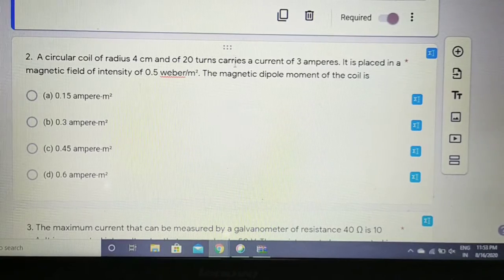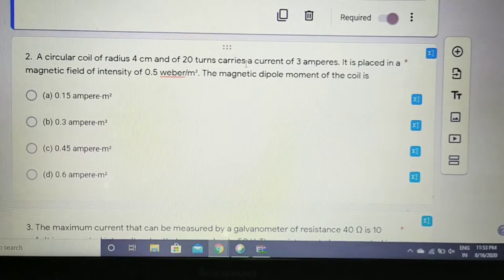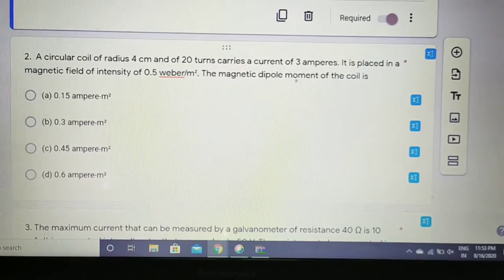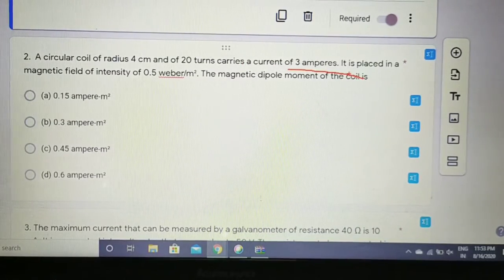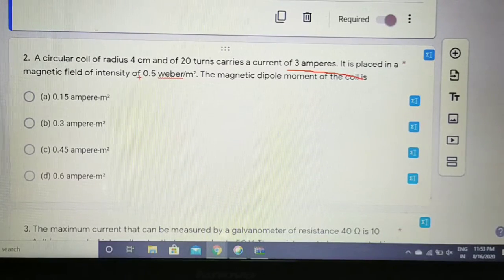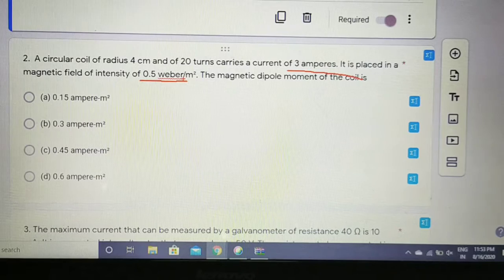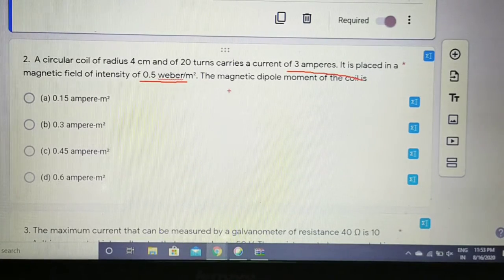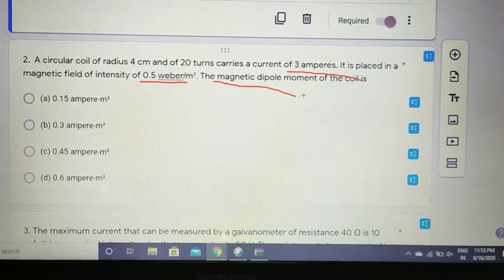This coil carries a current of 3 ampere, and it is placed in a magnetic field of intensity 0.5 Weber per meter square. We have to find the magnetic dipole moment of the coil.